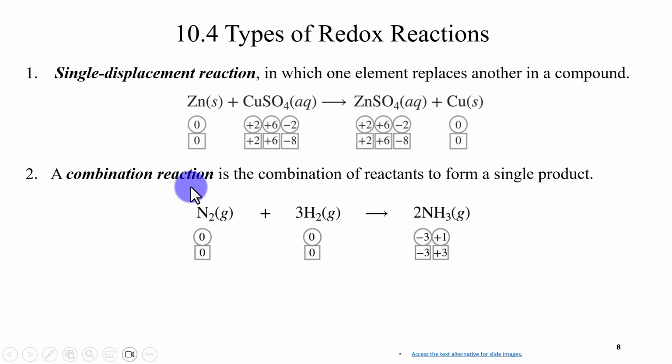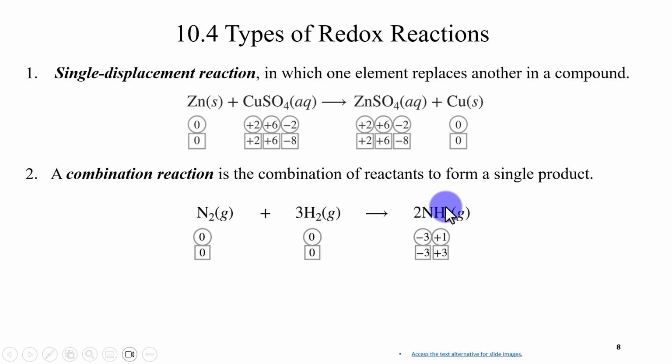A combination reaction is the combination of reactants, just what it sounds like, a combination of reactants to form one single product. Here's an example. I have nitrogen plus hydrogen to give me ammonia. Nitrogen has a 0 charge, hydrogen has a 0 charge.